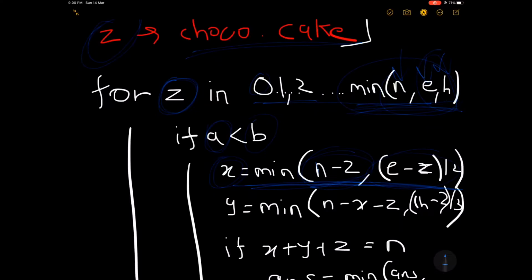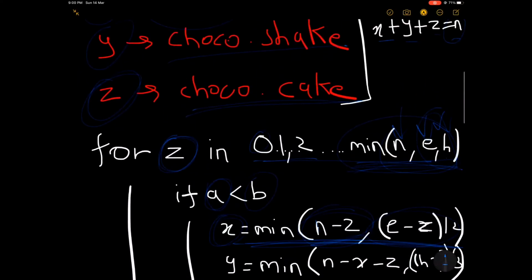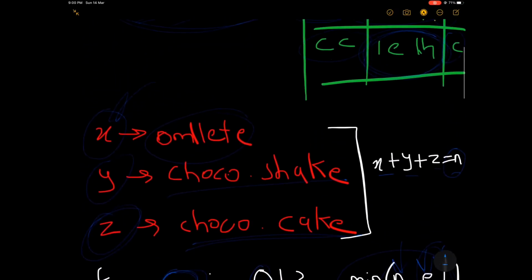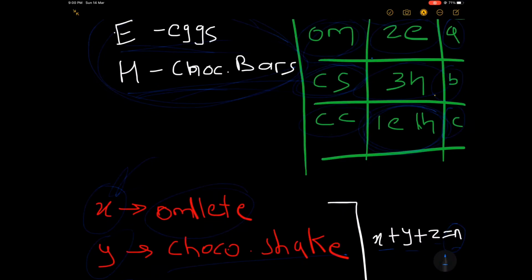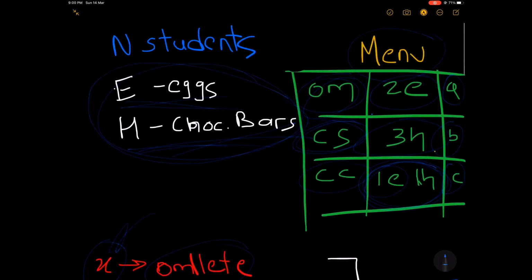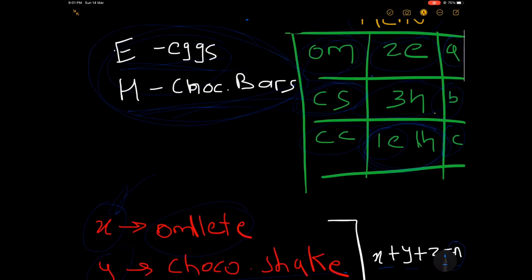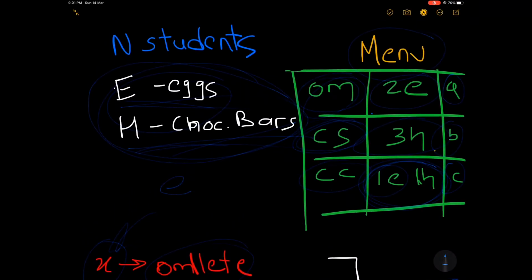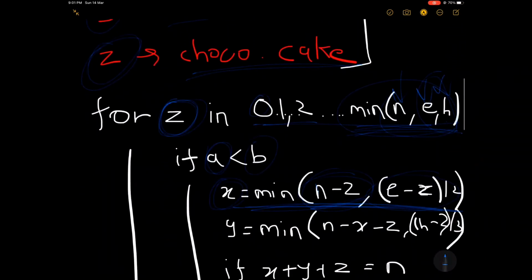Now by (e minus z) by 2, if the stock gets over: e minus z is the number of eggs remaining, because z is our number of people, so the number of eggs required for chocolate cakes is z. The remaining eggs will be the total number e minus the taken eggs z. Because cake requires only 1 egg, e minus z is the remaining number of eggs. So whichever is minimum, we'll take that x.